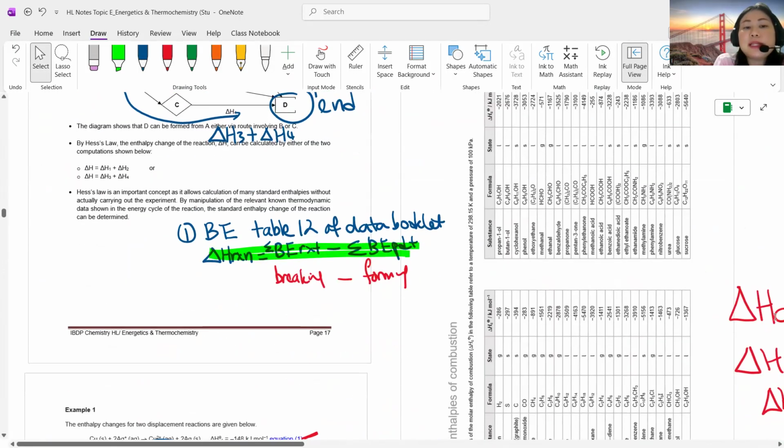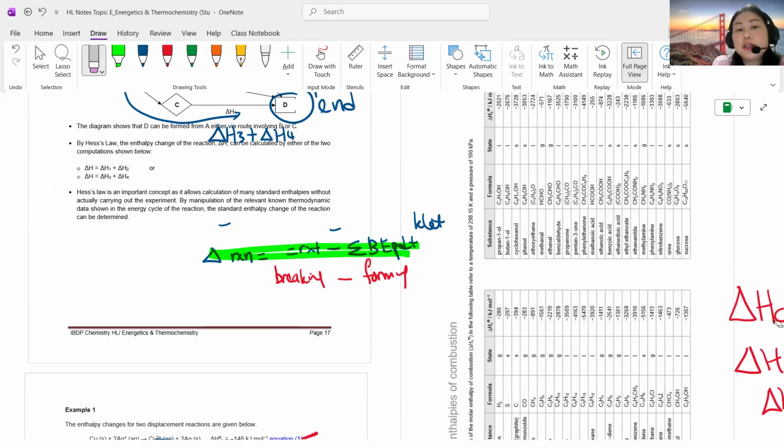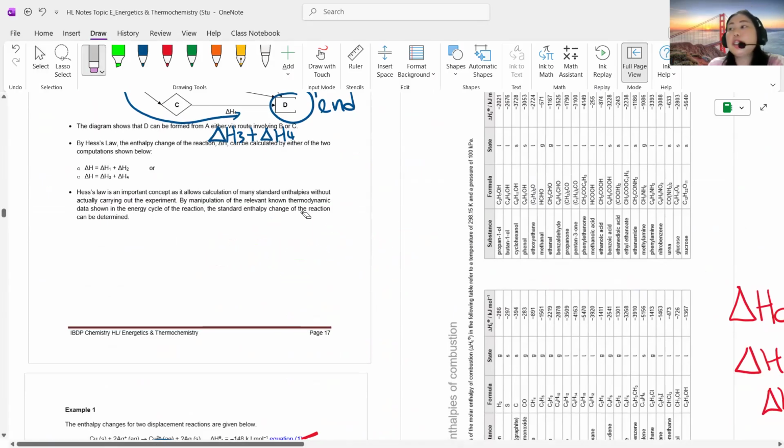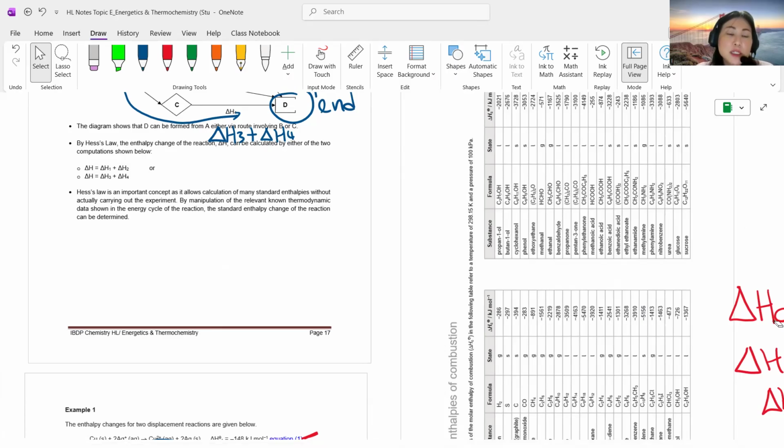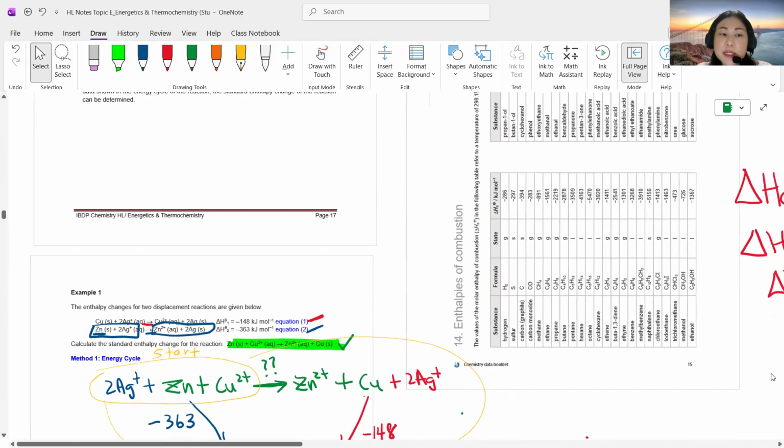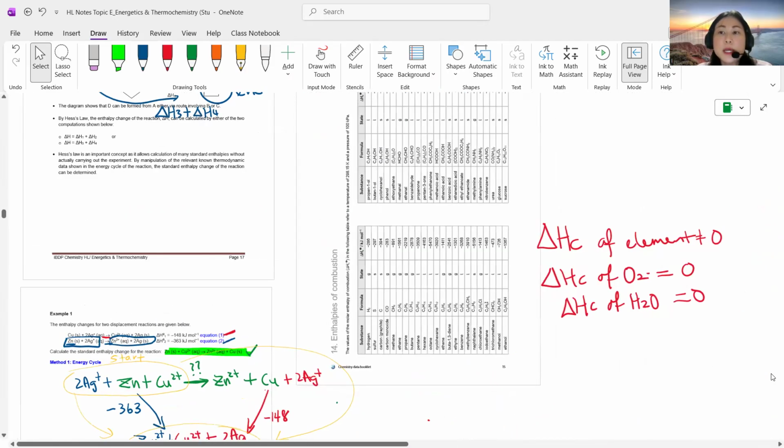So now I already covered the last method, which is bond energy. Okay, so let's do a quick recap. The 5 methods are manipulation of equation, Hess law cycle, using formation data, using combustion data, and using bond energy. Okay, so these are the 5 ways to calculate enthalpy change without an experiment for covalent compound.